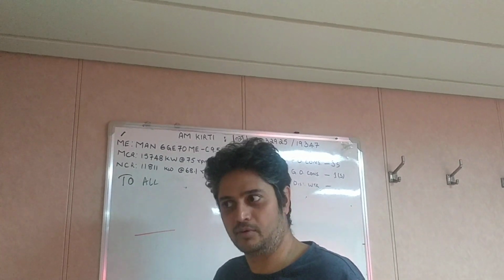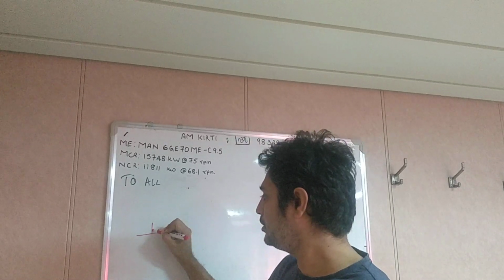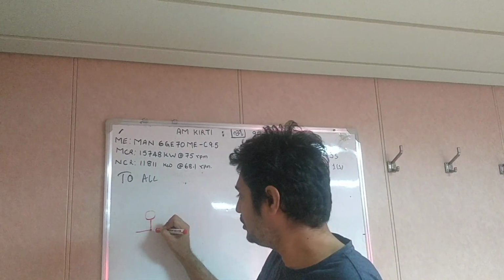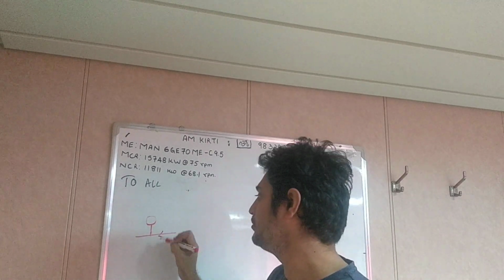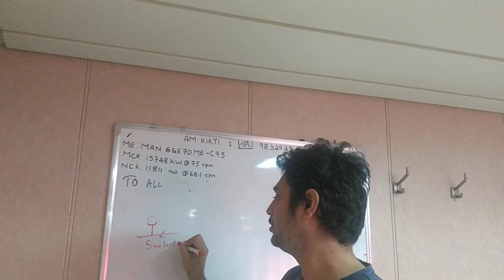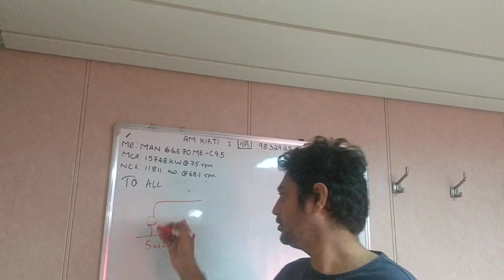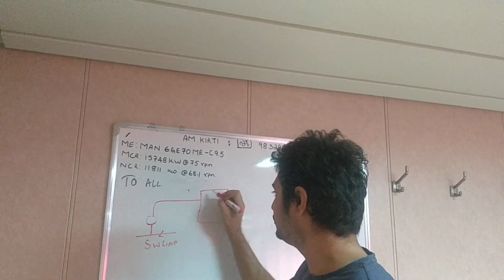Usually it will be there, but for your understanding I am telling. So you have to have a temperature sensor, which you will fix in the main seawater system. But how to give it to AMS? Up to SCAU you can connect.